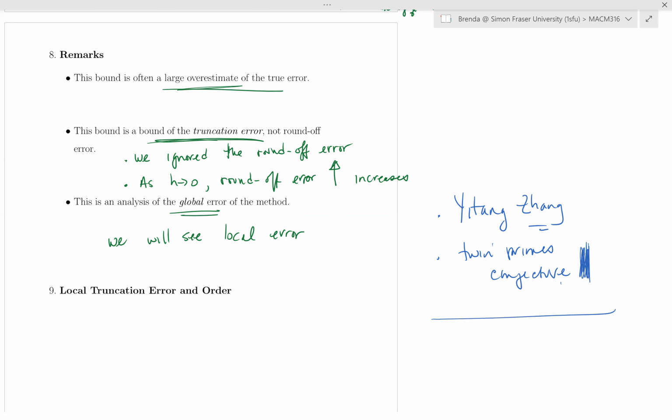Now, I saw some reports recently that he has made progress on the Landau-Siegel zeros problem, which it doesn't matter. It's related to the Riemann hypothesis.